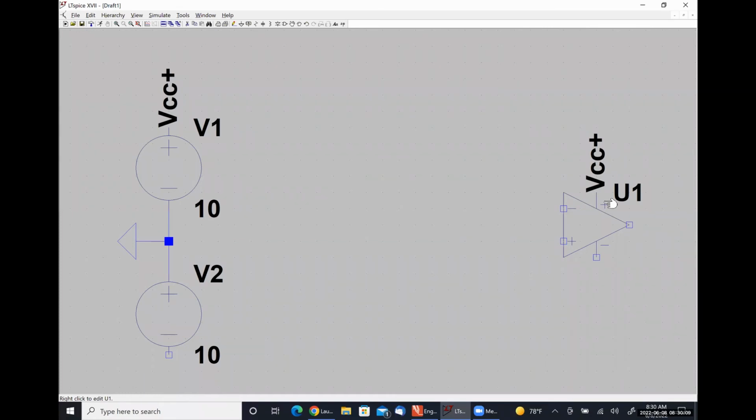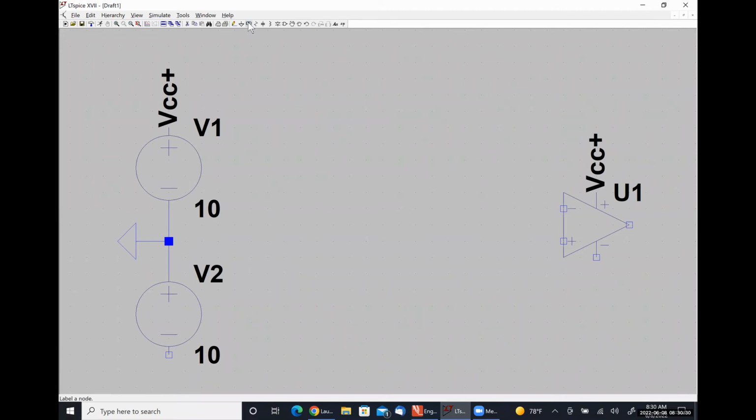I did this purely to make my circuit diagram cleaner to look at, because if you have 4 voltage sources like we're going to have in this particular circuit, your schematic diagram can get pretty busy pretty quickly, and I wanted to make it easy to see what's going on.